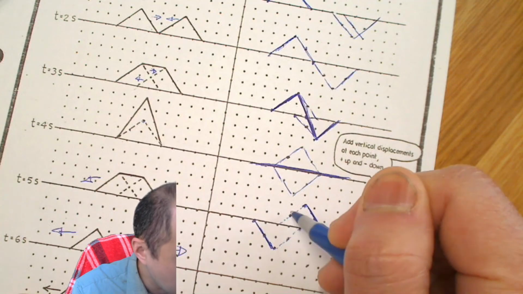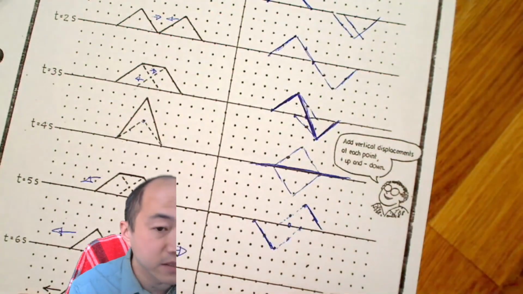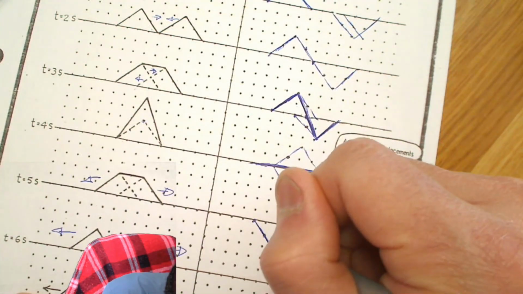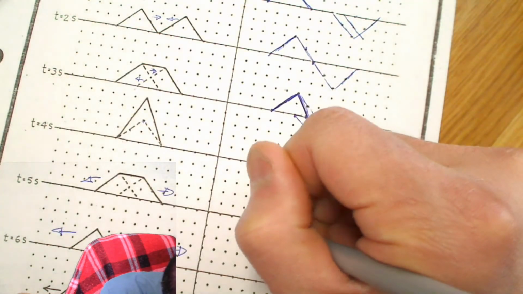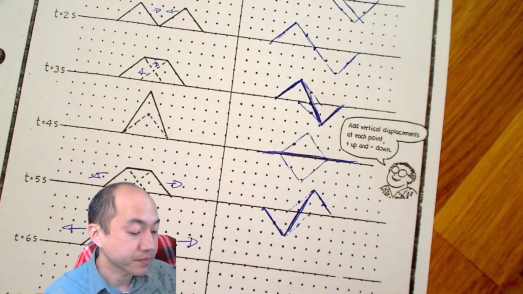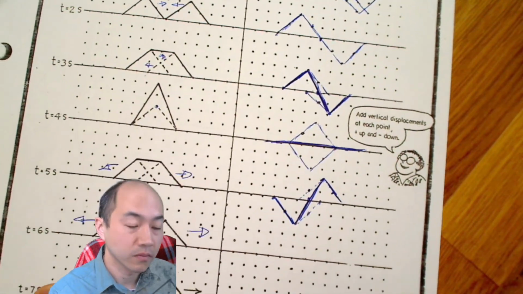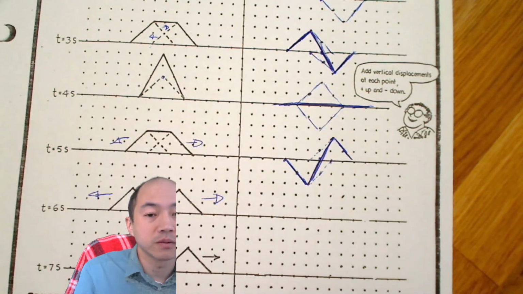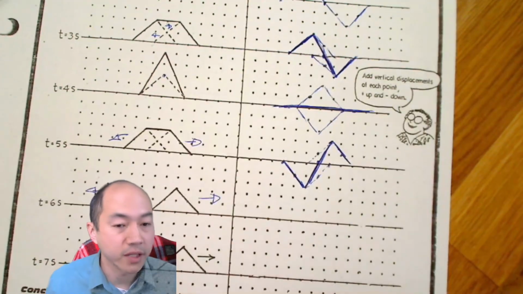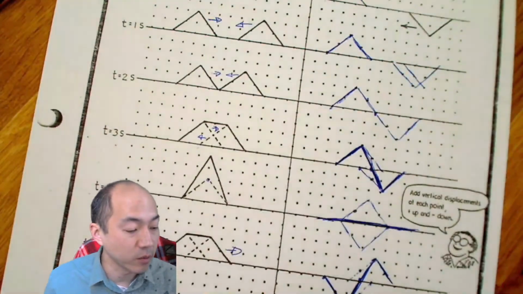Here I've got -1. Those are going to cancel out to be 0. And so here, well, that was a much better way of doing it. Right. And then the last few, you guys can finish. So that's an example of what this might look like.